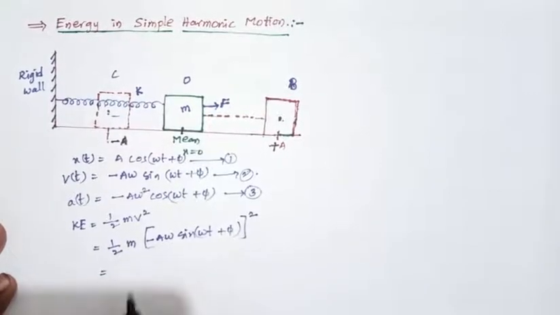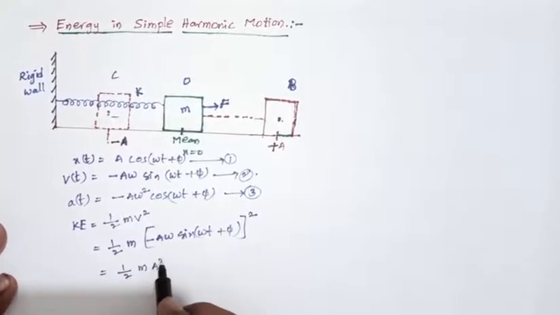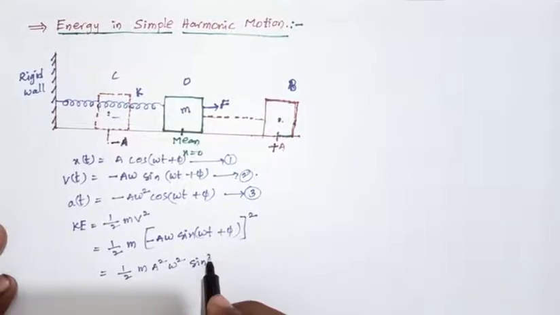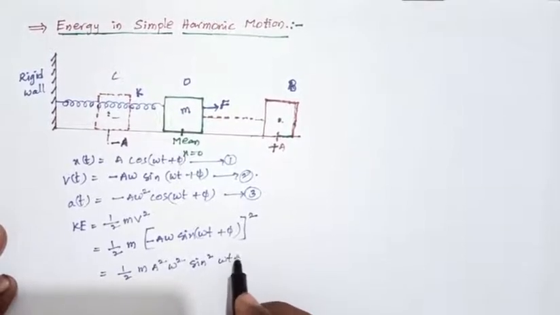That equals half m A squared omega squared sin squared of omega t plus phi.